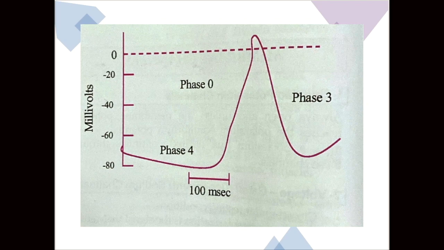Now, the pacemaker action potential is different in that in phase 2 the plateau is absent, and in phase 4 there is slow diastolic depolarization. What happens in this slow depolarization? The membrane potential spontaneously depolarizes as the sodium conductance increases.